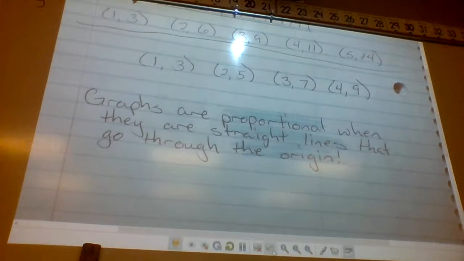Non-proportional. What if it hits the origin, but it goes in a weird way? Non-proportional. If you have any point where the line turns, it's non-proportional. Proportional: straight line and origin.